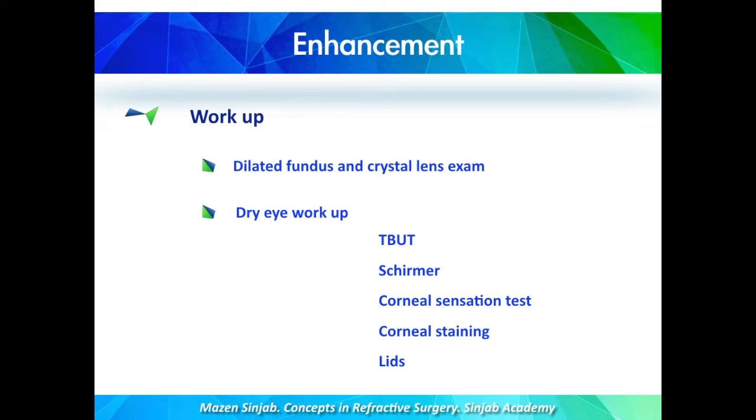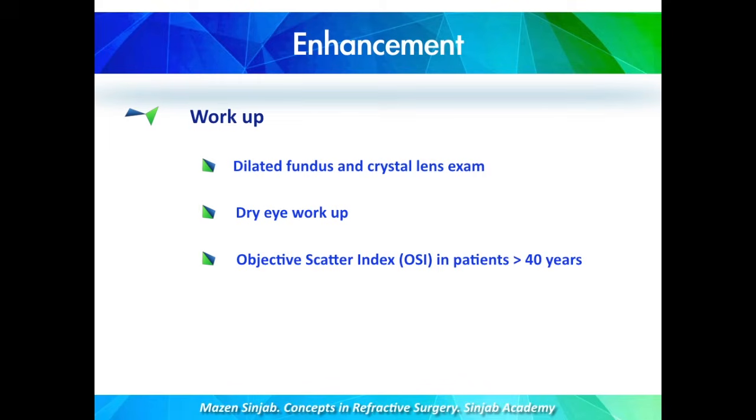It includes tear film breakup time, Schirmer test, corneal sensation test, corneal staining, and careful inspection of the lids in order to diagnose blepharitis, especially meibomian gland dysfunction. Now, within the workup, if we can do a very important test called the Objective Scatter Index, it will be very helpful.